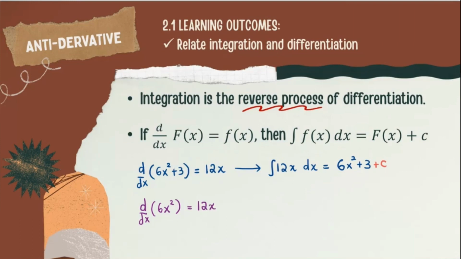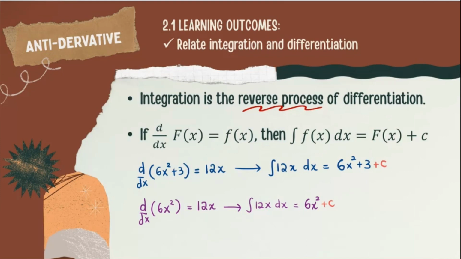Bila soalan itu tanya integrate 12x dx, what will be your answer here? Tadi kita differentiate 6x square dapat 12x. So untuk soalan ini, bila kita integrate 12x, the answer will be 6x squared sahaja, tapi perlu tambah dengan C.